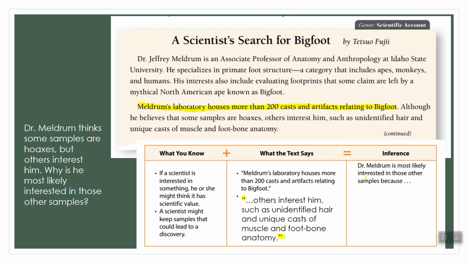So why do you think he's most interested in these specific samples, the unidentified hair and the unique cast of muscle and foot bone anatomy? Well, typically if a scientist is keeping those things, he's hoping that it leads to a big discovery.